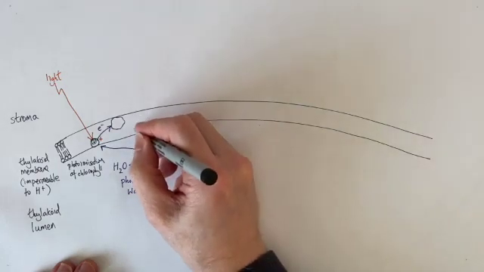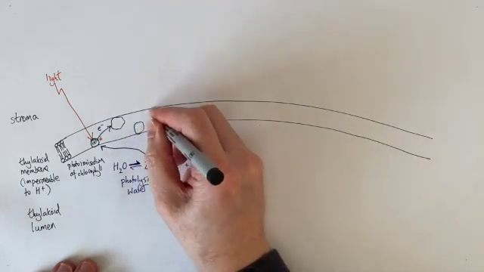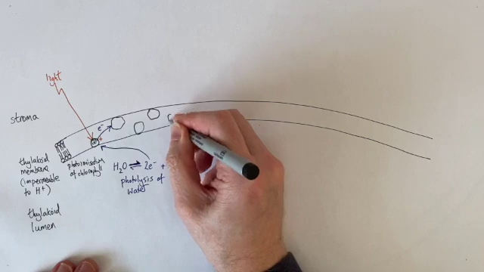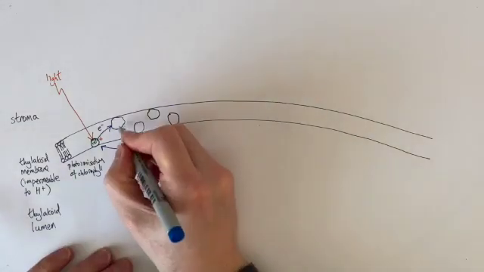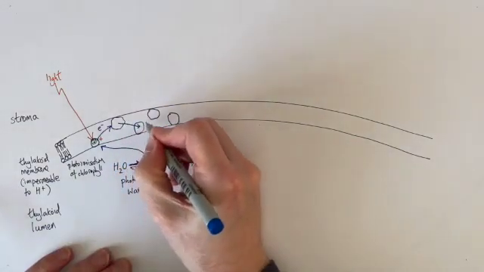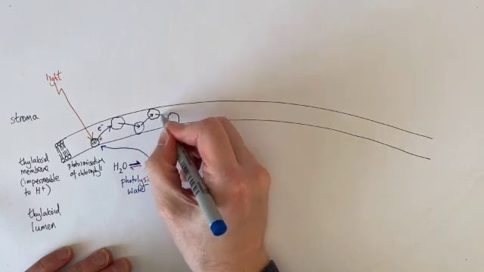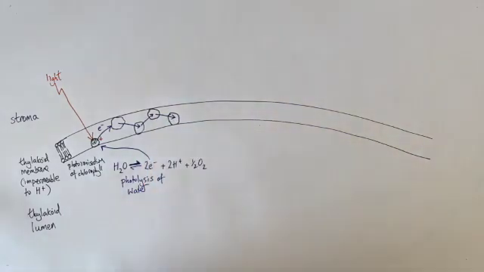And what happens is that in the membrane, and you don't need to know how many, are other electron carriers. And these electrons move between each of these carriers.